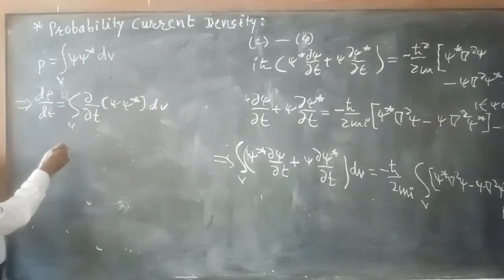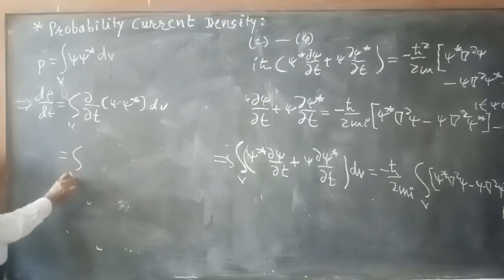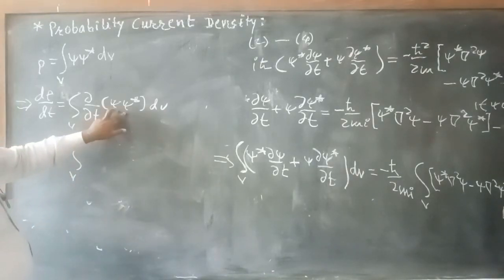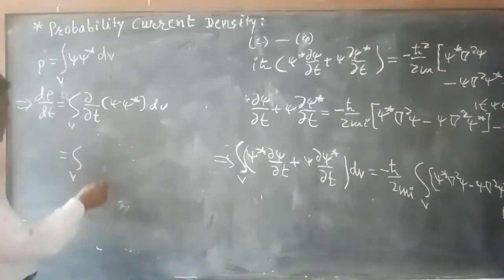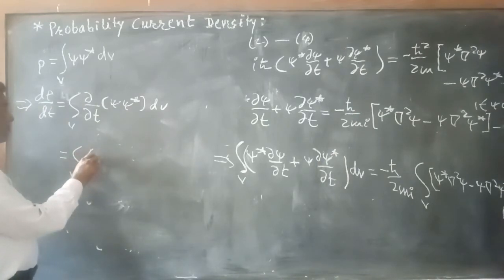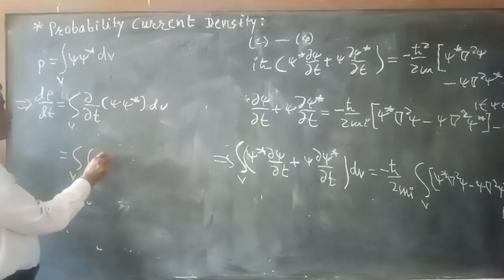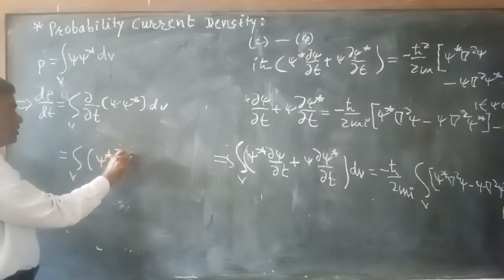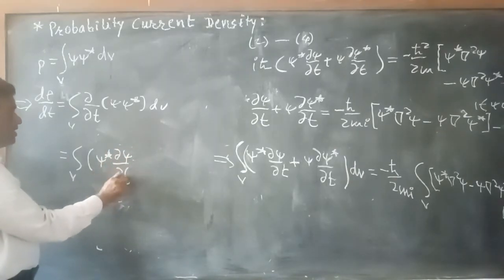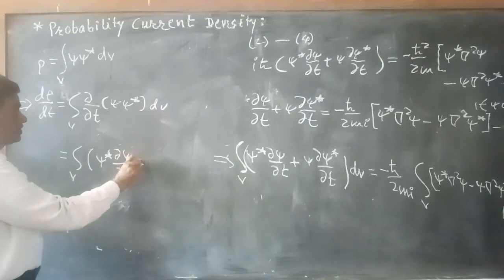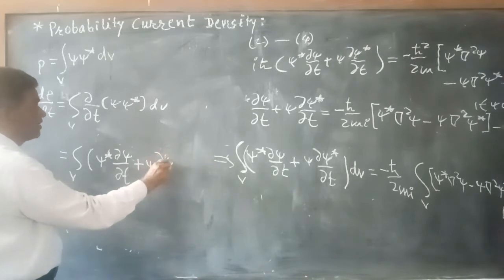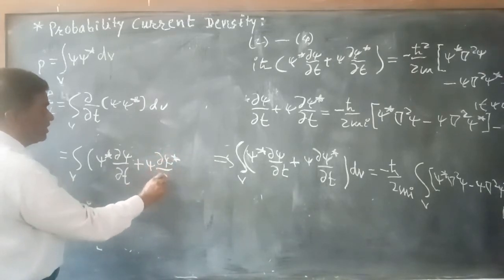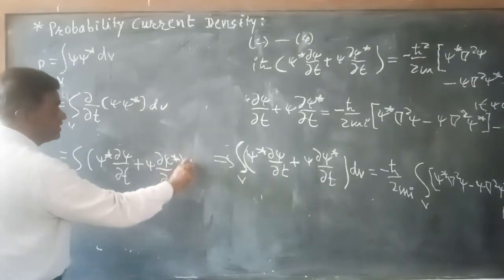Now we take the differentiation of the product: one constant, differentiation of the other, and then the other constant, differentiation of the first. So if ψ* is constant, we differentiate ψ first, that is ψ* ∂ψ/∂t, plus, now with ψ constant, differentiation of the other, that is ψ ∂ψ*/∂t, and dV as it is.